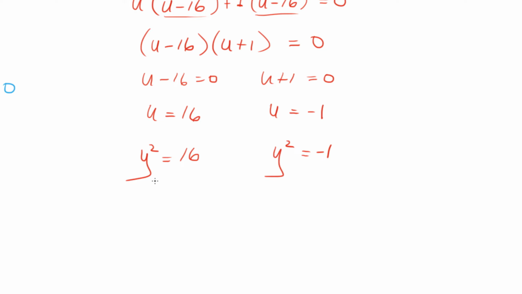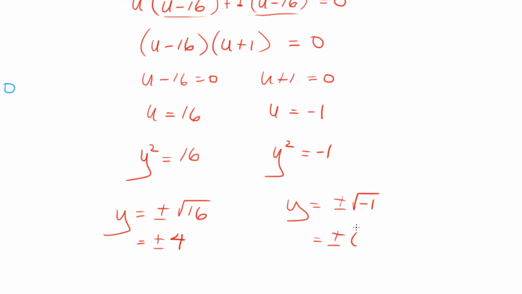So in order to solve this one, we take the square root on both sides. So y equals plus or minus the square root of 16, and y equals plus or minus the square root of negative 1. Well, plus or minus the square root of 16, which is 4, and plus or minus the square root of negative 1, which is i.